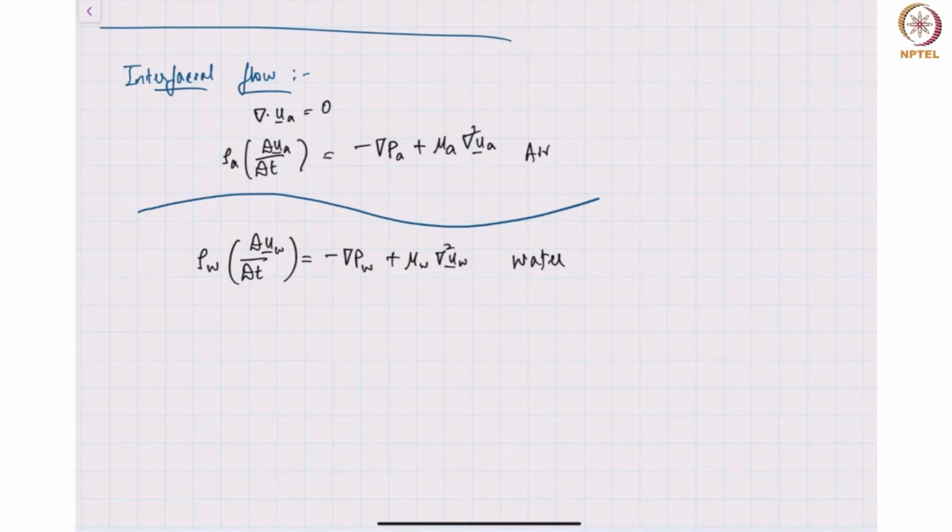You should also write down the continuity equation in water. The motion of water and the motion of air are obviously coupled to each other. How are they coupled? They are coupled through the interface.